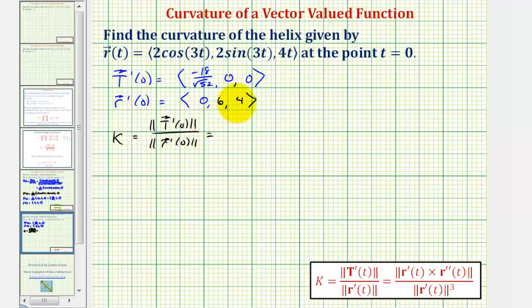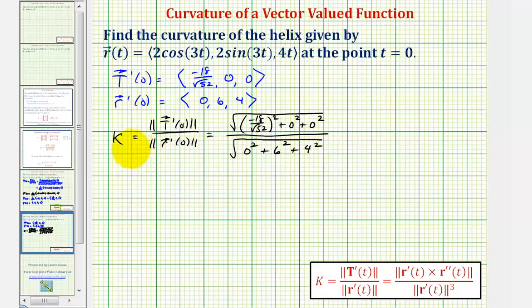So we would have the square root of negative 18 divided by the square root of 52 squared plus 0 squared plus 0 squared, divided by the square root of 0 squared plus 6 squared plus 4 squared.